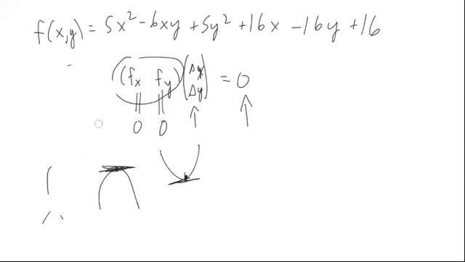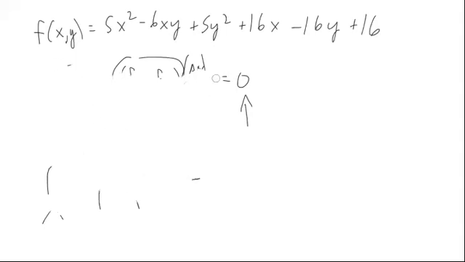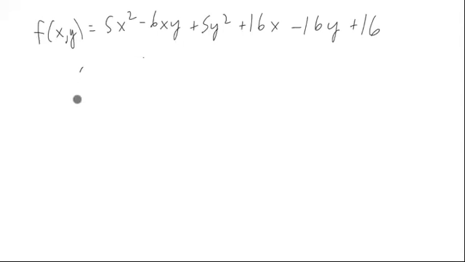We're going to find the first derivative of this function and write it down as a matrix. First we find the partial with respect to x and the partial with respect to y.